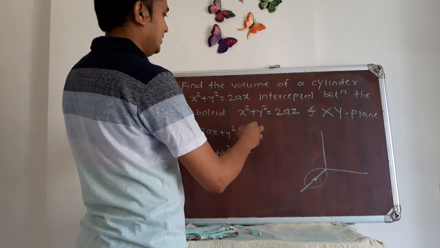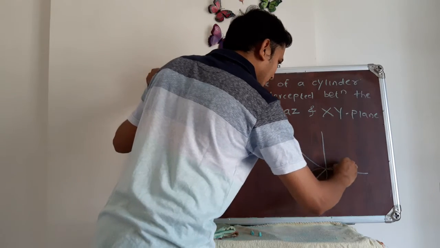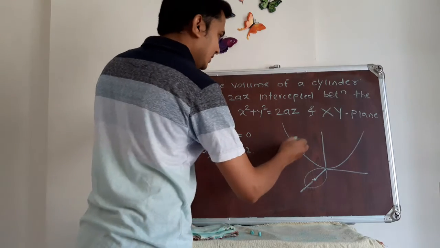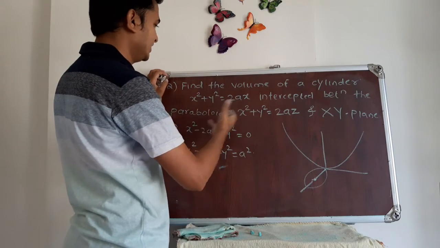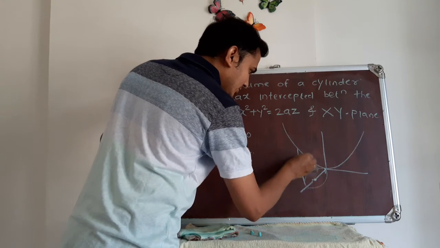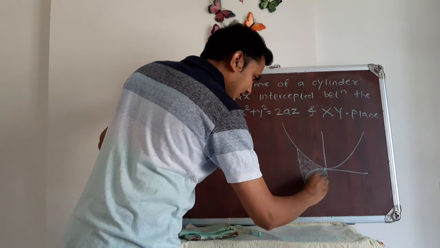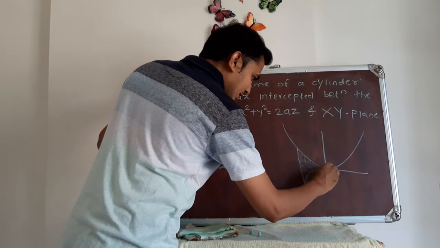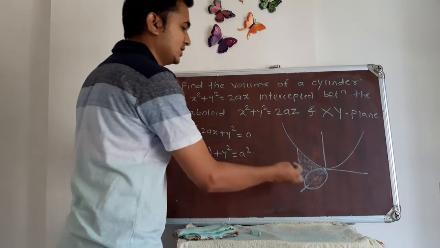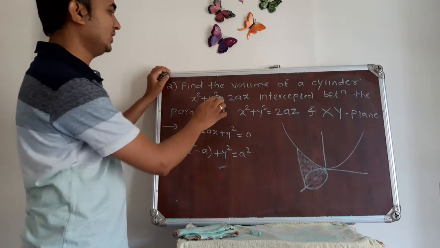Then this paraboloid x² + y² = 2az, and you want the volume intercepted between these two. So this is the required volume. This is the cylinder, and this is one end of that cylinder, which is given by x² + y² = 2ax, because the end of a cylinder will be a circle, and that equation is given here.